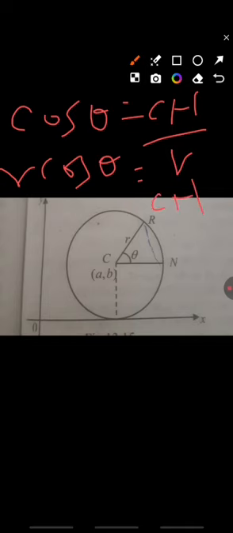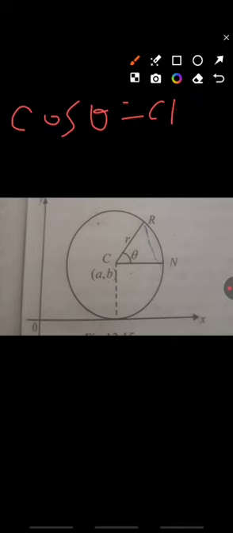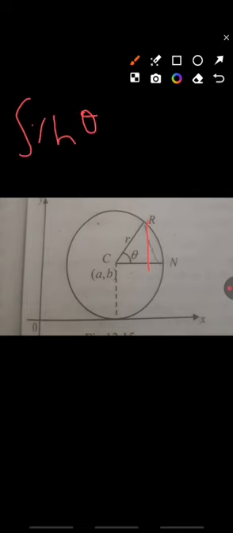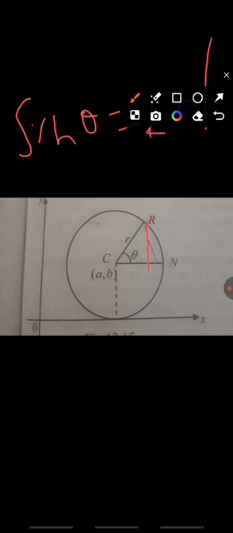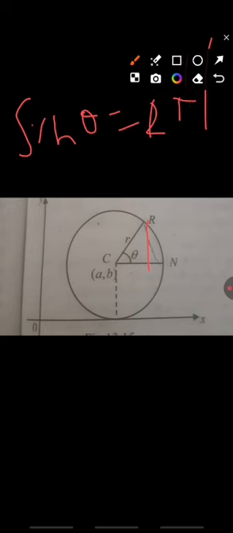The same thing applies to this perpendicular axis, which is the y-axis. So sine of the angle under consideration will be equal to RN over r, small r, that's the length of the position vector.